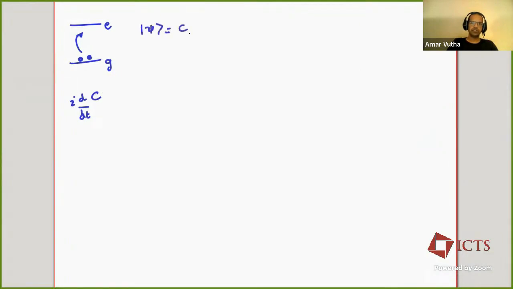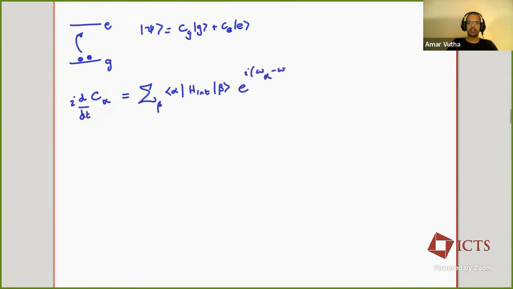So if you write the wave function as c_g |g> + c_e |e>, then the coefficients sitting in front of these basis states are going to satisfy the Schrodinger equation, which turns into a set of differential equations that look like: sum over everybody else, beta, of <alpha| H_I |beta>, and then e^{i(E_alpha - E_beta)t} times c_beta(t).